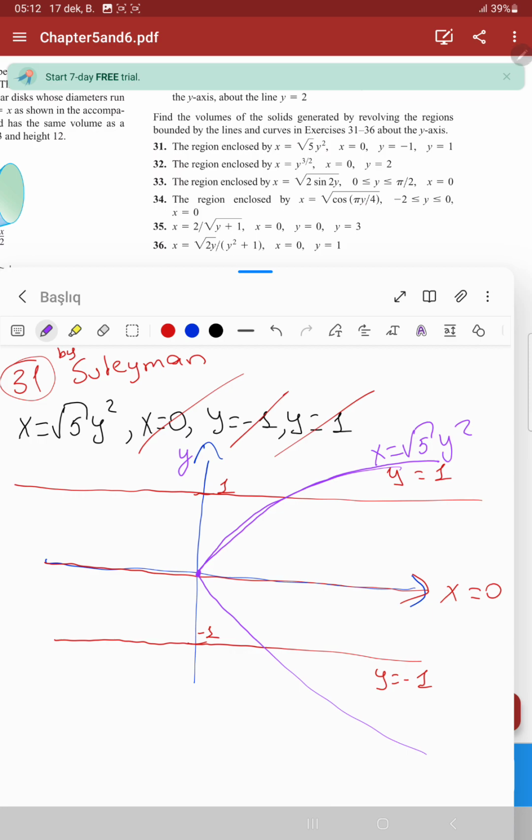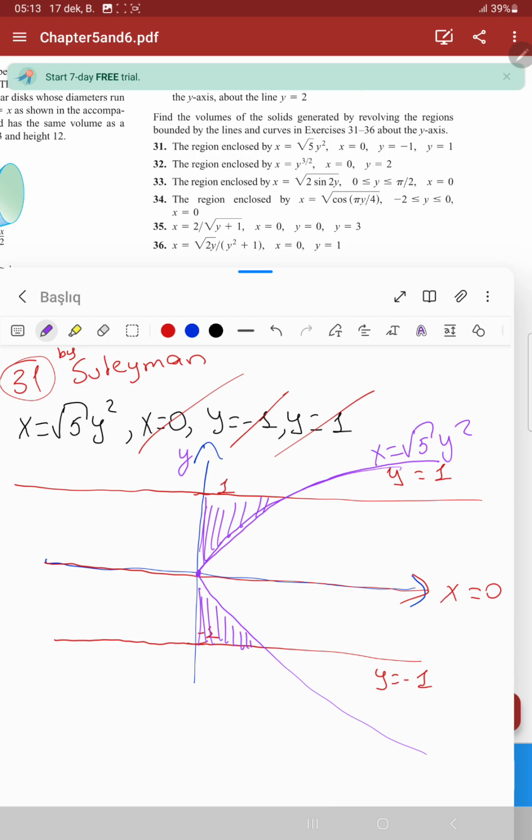And where is our volume? Oh yeah, our volume is this one, and this one.